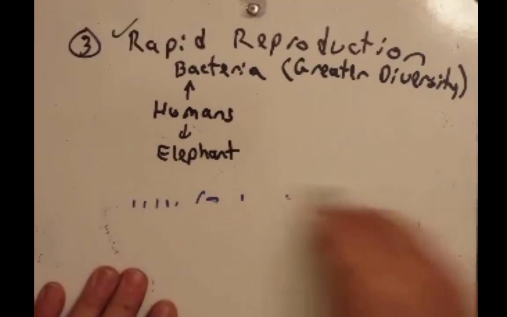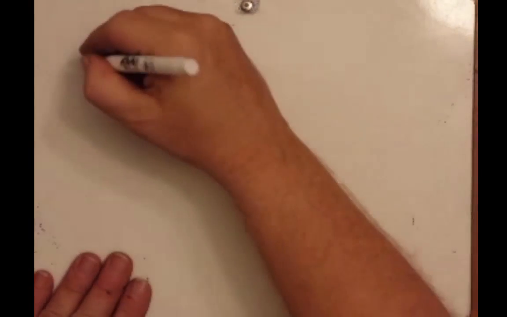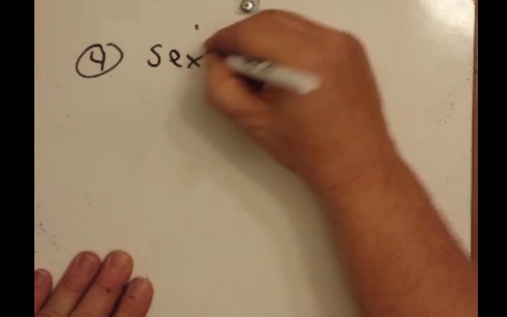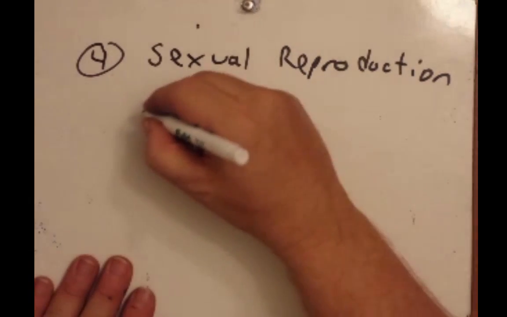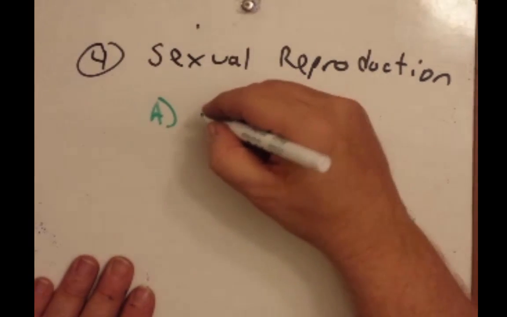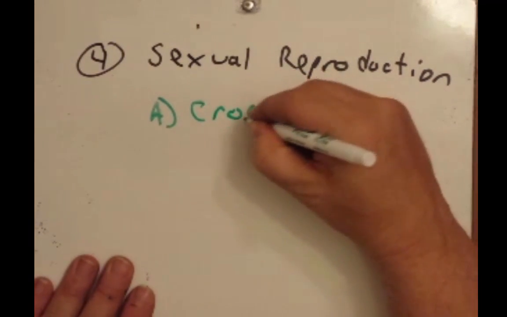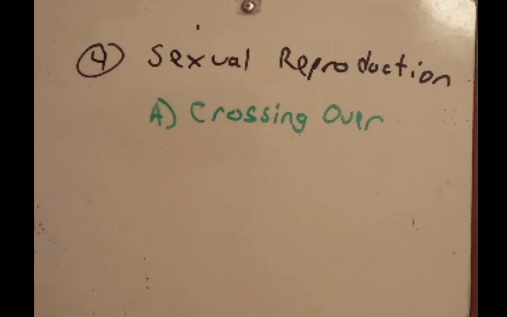Okay, let's talk about the last example of ways that we increase genetic variation in a population. And this should be review, and that is just by sexual reproduction. And if you remember, within sexual reproduction, there are 3 different ways that we can increase genetic variation. The first is crossing over. If you remember, during prophase 1 of meiosis, crossing over occurs between homologous chromosomes, and that increases genetic variation.